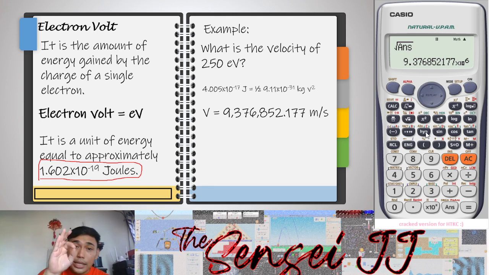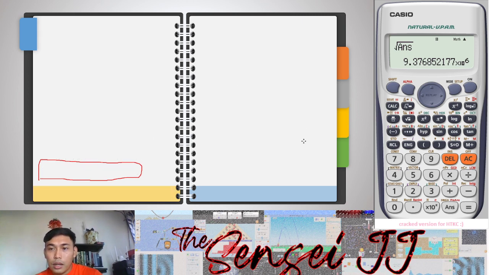So, okay guys. So, please note dyan na it can also be rewritten as 9.38 times 10 raised to 6.